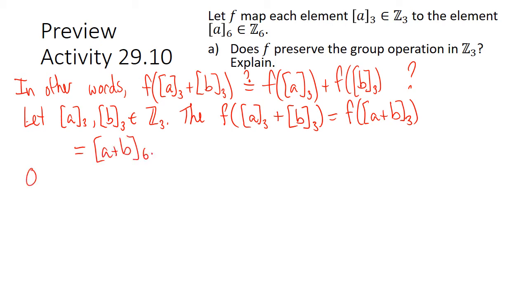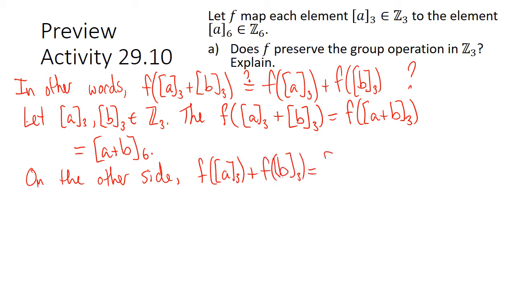Okay, and then on the other side of the equation, we get f of a mod 3 plus f of b mod 3, which is going to be a mod 6 plus b mod 6.